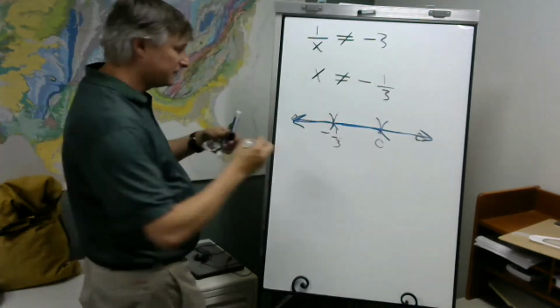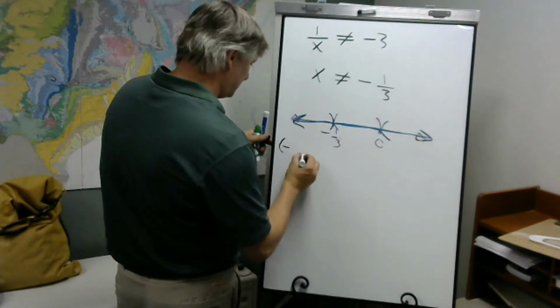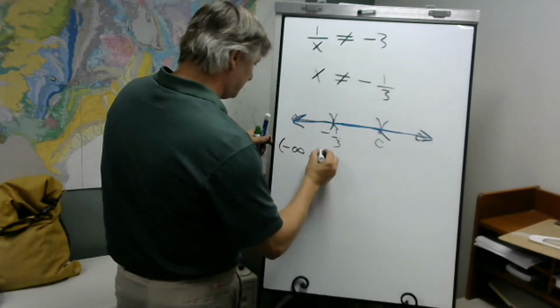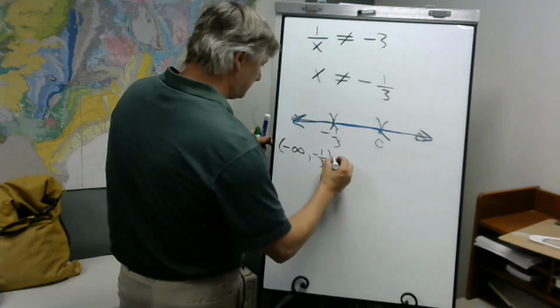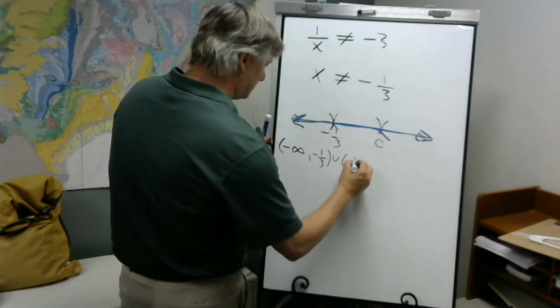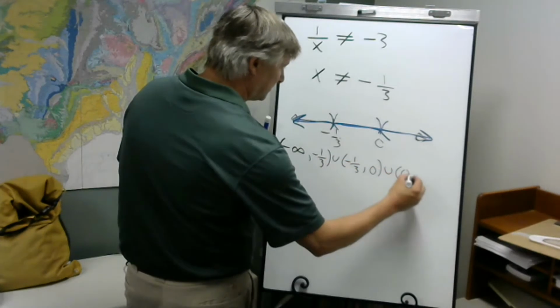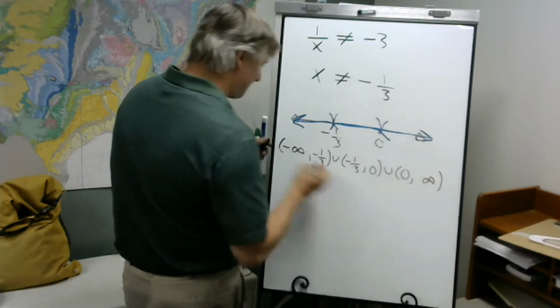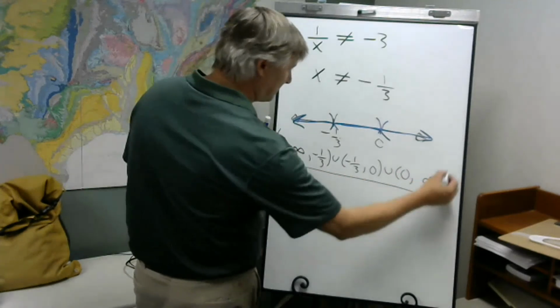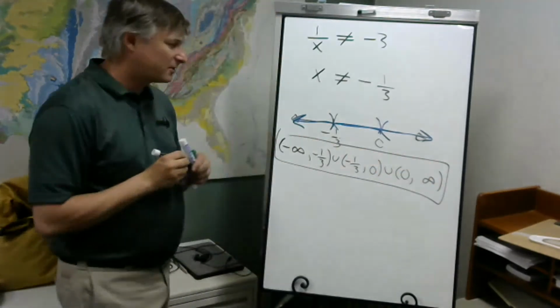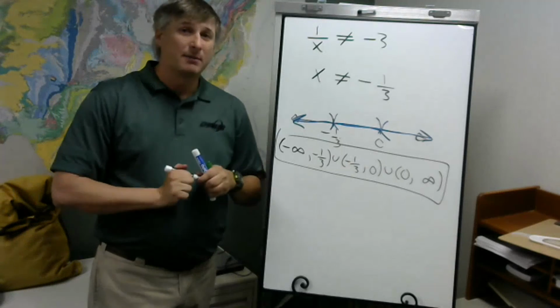So these 3 intervals: negative infinity to negative 1/3, union, negative 1/3 to 0, union, 0 to infinity. And that's our domain for F composition G.